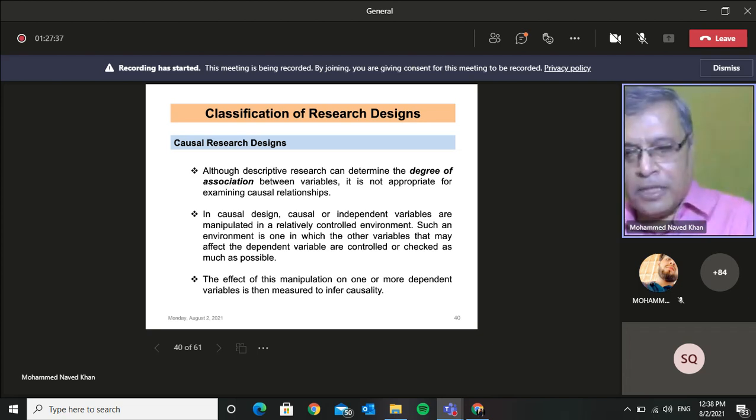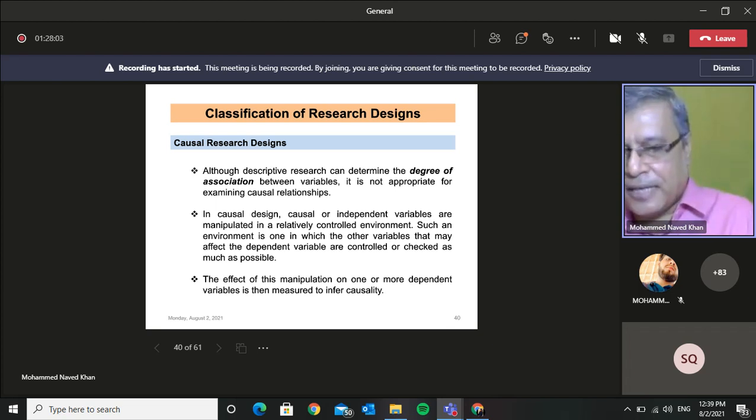Because whatever things I have picked up are from one of the best books in the world. When you want to clarify things, if for example I'm not able to help you out, or if you want to go deeper, study more or read more about it, go through a book titled Marketing Research: An Applied Orientation, by Naresh Malhotra.